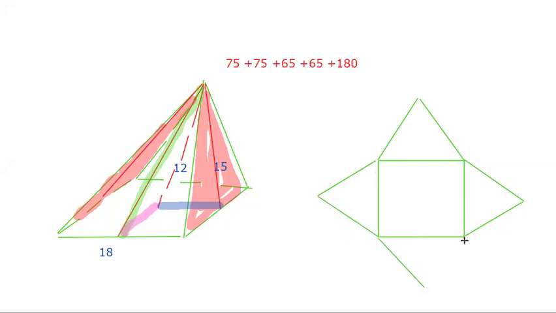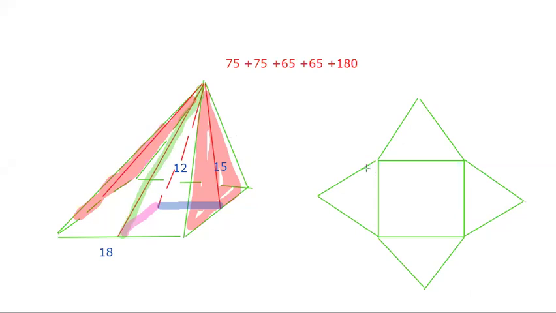Isn't that a square and 4 triangles? And this 12 right here, it really doesn't mean anything at this point. It was inside of our pyramid, so it doesn't mean a lot to us when we look at the net.